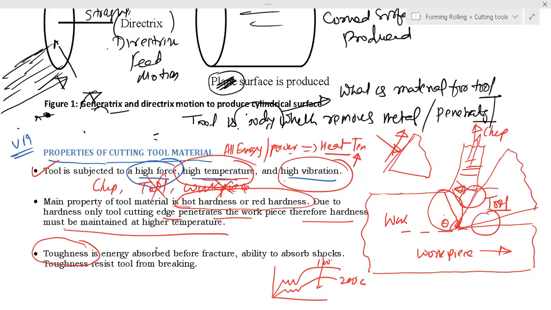The area under the stress strain curve gives the energy stored in the material. So the energy stored up to fracture is your toughness. The material should not fail, so it must possess toughness. The ability to absorb shock, toughness, resists the tool from breaking.